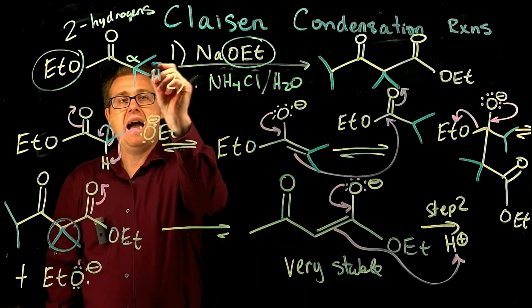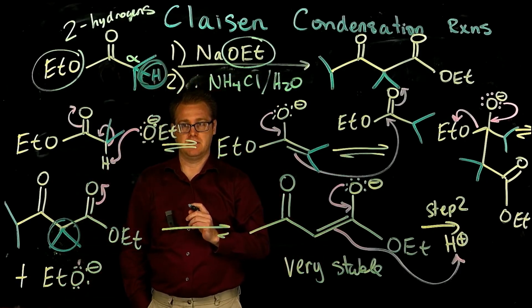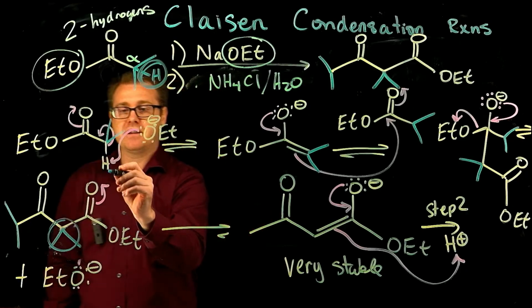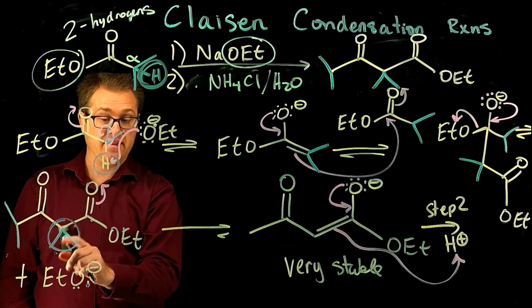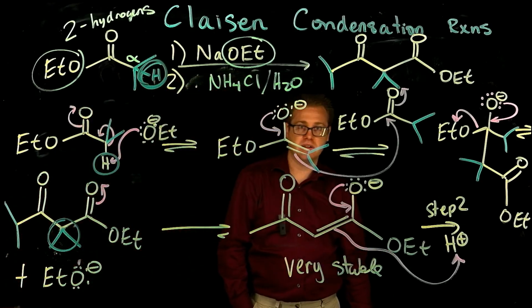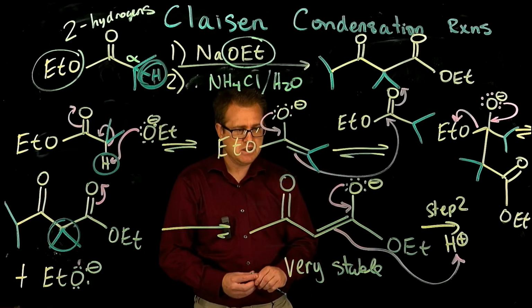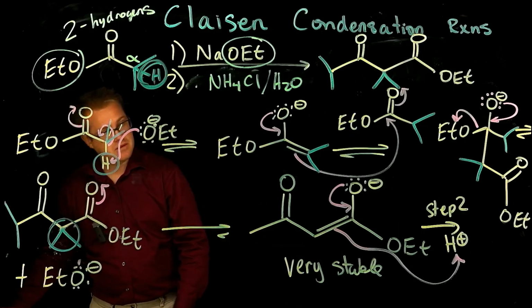So you have to have at least 2 hydrogens, because we abstract one of them and we need a second one at this step of the mechanism to drive it to completion. And if there's no hydrogen, it does not go. So that's the reason why those rules are so important.